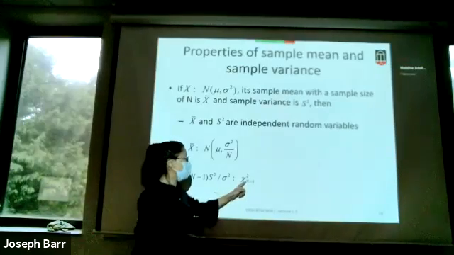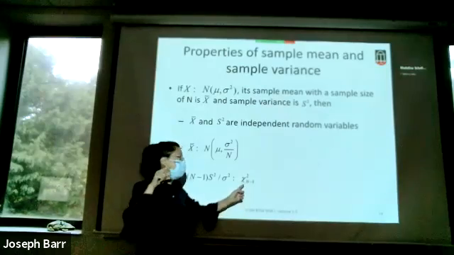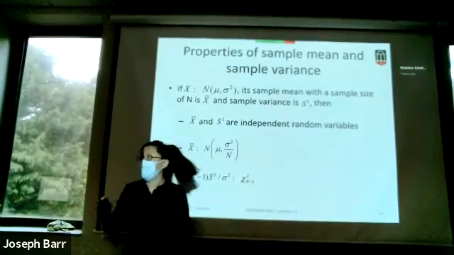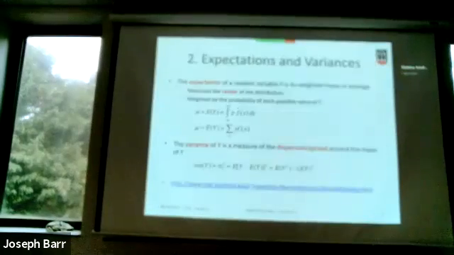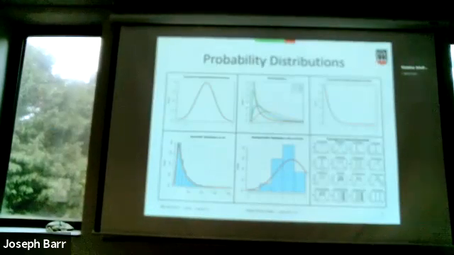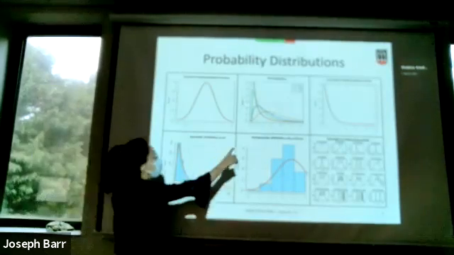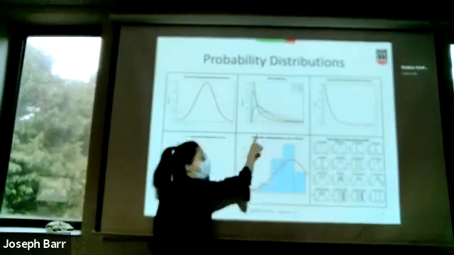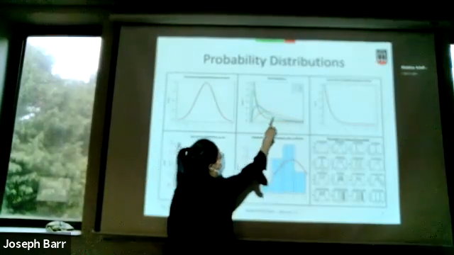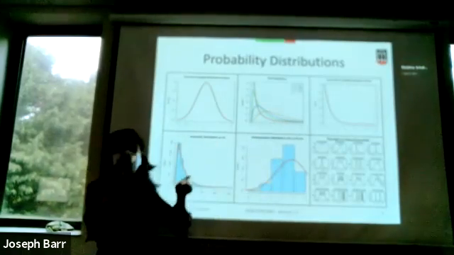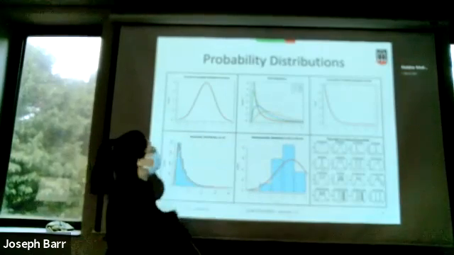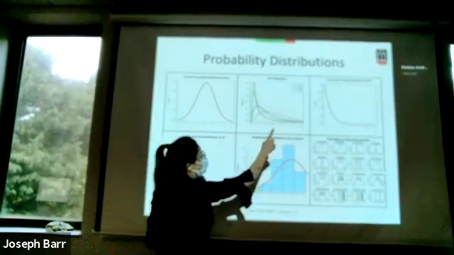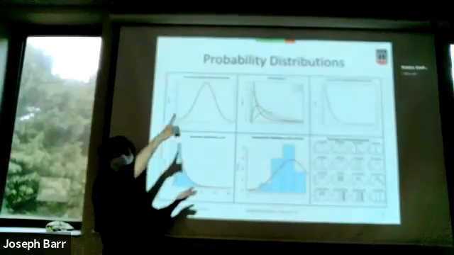Chi-square distribution, with degrees of freedom n minus 1. What is the chi-square distribution? Actually, we have already shown it here. Those are chi-square distributions. With different degrees of freedom, we may have different shapes. For the red one, the degrees of freedom is 1, and the chi-square looks like an exponential curve. With degrees of freedom 2, it becomes the green one.